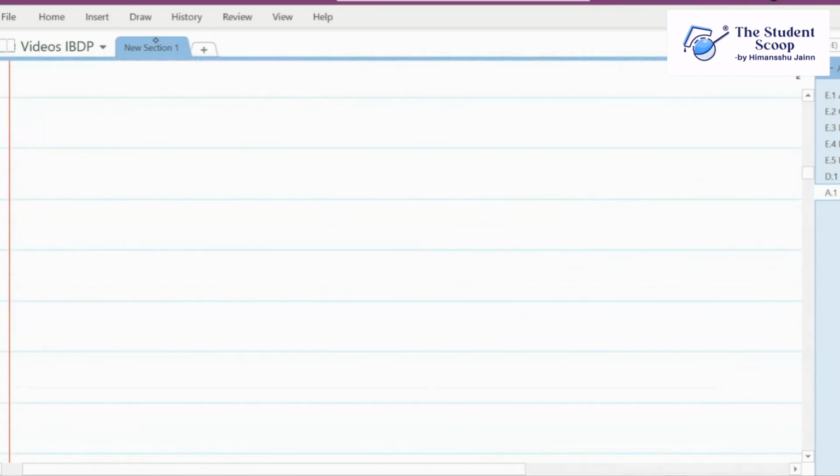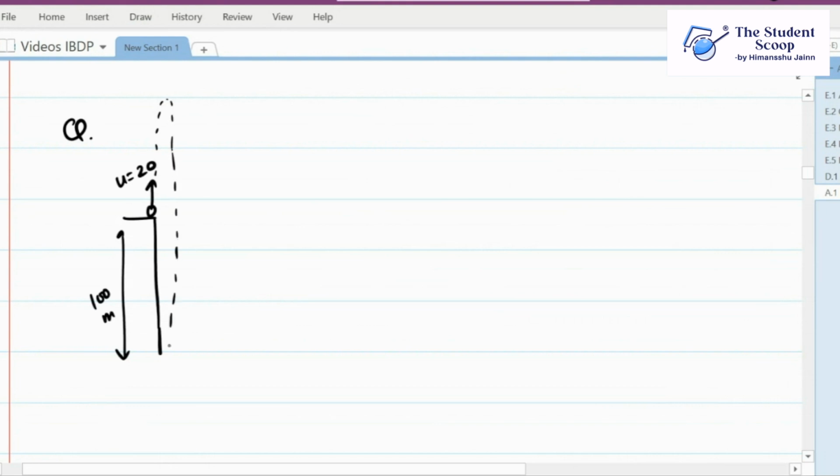Now another example that we will do quickly is an object falling under the influence of gravity. So if the object is thrown upward, let's say the velocity is u equal to 20 meters per second and it is at a height of 100 meters. The ball or the object will go up and come down before it hits the ground again.